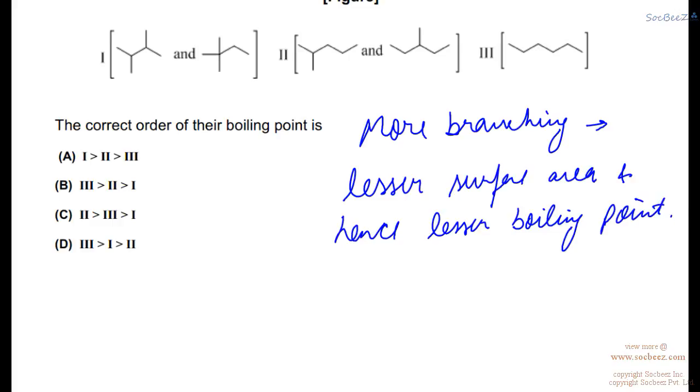Okay, so here in this case the boiling point of 3 will be the greatest, followed by the boiling point of 2 and then the boiling point of 1. So the correct option is B. Okay, so now let's see another question.